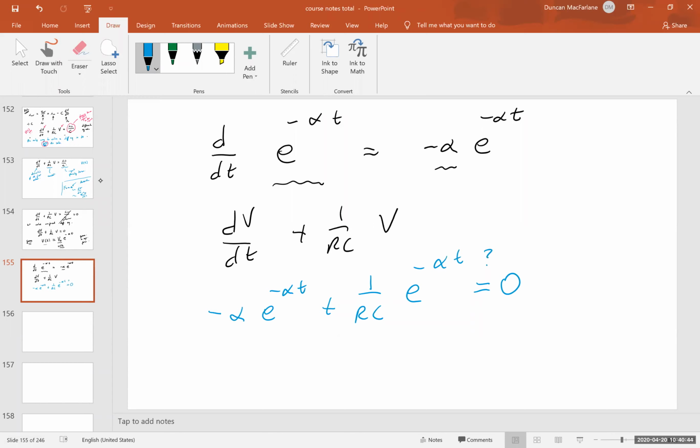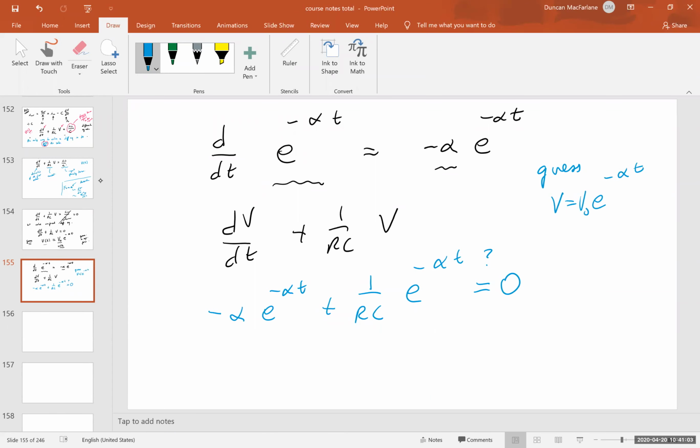And then the question is, does that equal 0 for all time? So guess V is equal to e to the minus alpha t times V naught. So I need a V naught in here and another V naught in here.